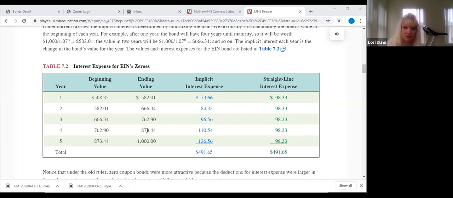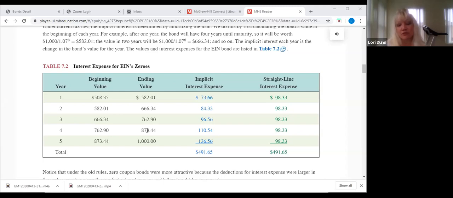That interest you recognize increases the value of the bond. To calculate the second year's interest, you take 508.35 plus 73.66, multiply that by the 14.49%, and that gives you your second year's worth of interest.